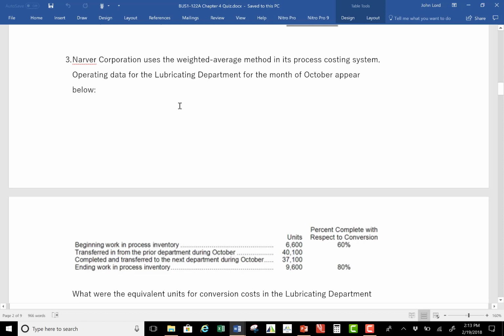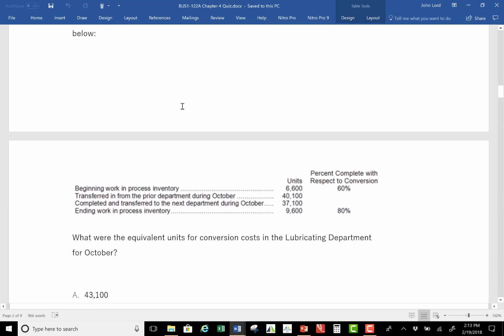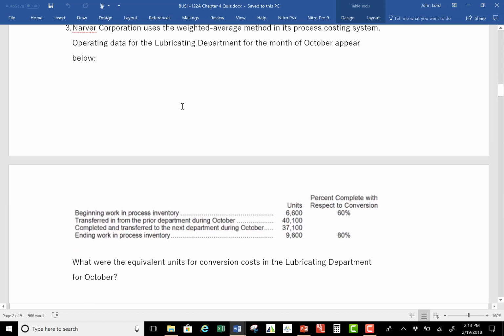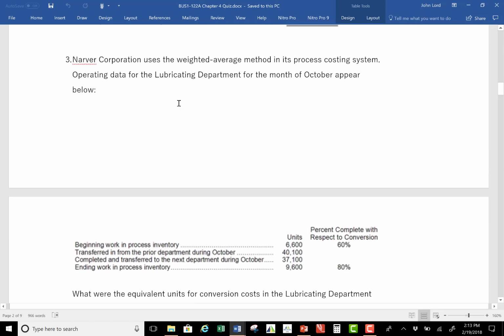It's easy. What are the equivalent units of production in the lubricating department? They tell me here that they had the beginning work in process completed and transferred to the next department. Do I have to do anything else if they give that to me? I just pick up that 37,100 plus the other.